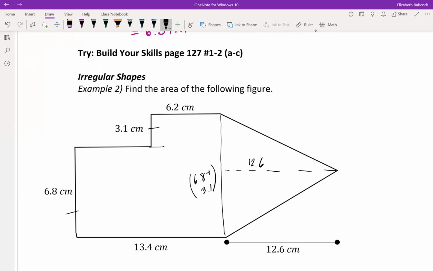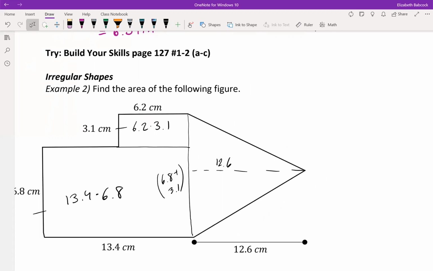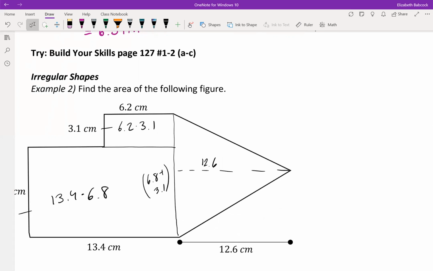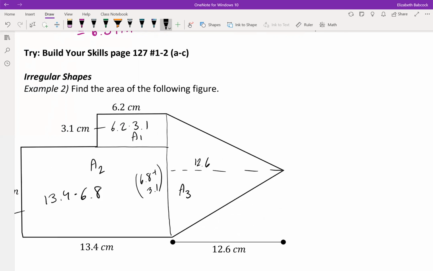Then we have this one, which would be 6.2 and 3.1. And then we have the bottom one, which would be 13.4 and 6.8. With that, we can calculate our area for each one if we treat this one as A1, this one as A2, and this one as A3.